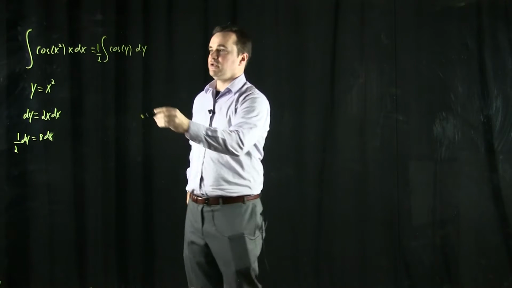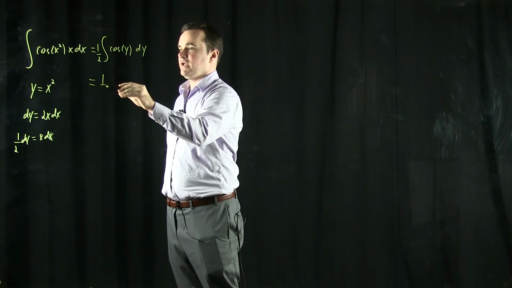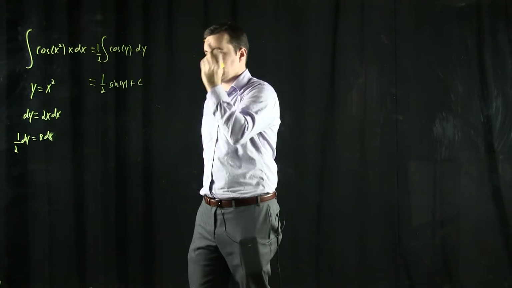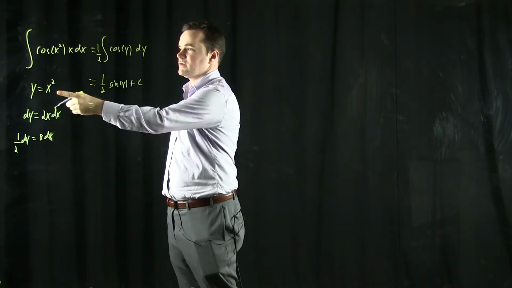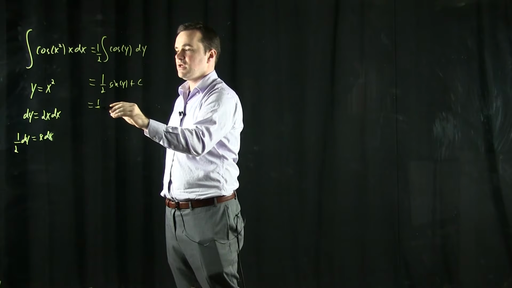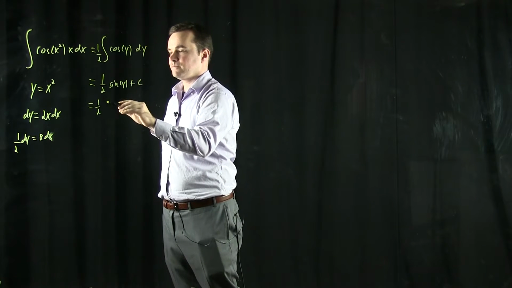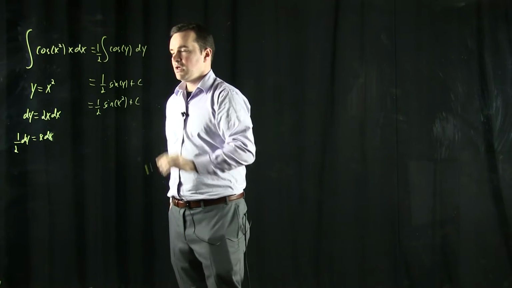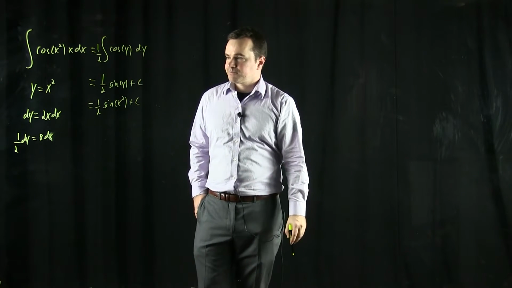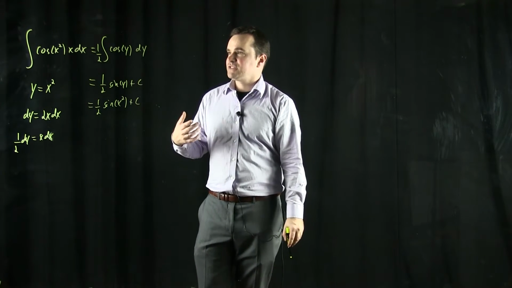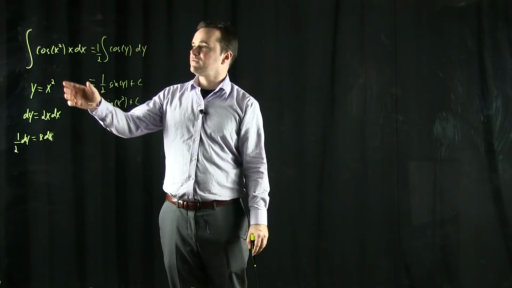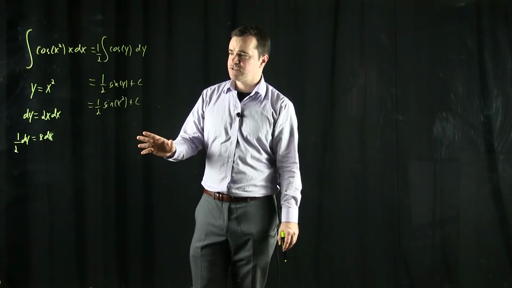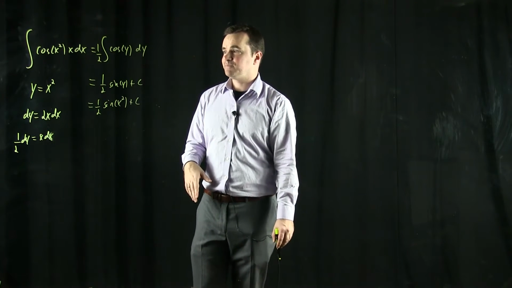You continue on and do the integral, and you get 1/2 sine y plus constant of integration, which then following your substitution y equals x squared gives you 1/2 sine of x squared plus c. If you followed along the previous video, that was an explanation for why this substitution rule works. Here we're talking about the mechanics of just putting that rule into action.